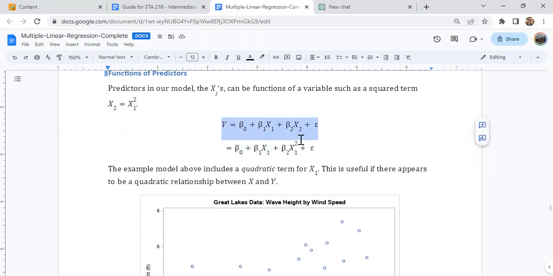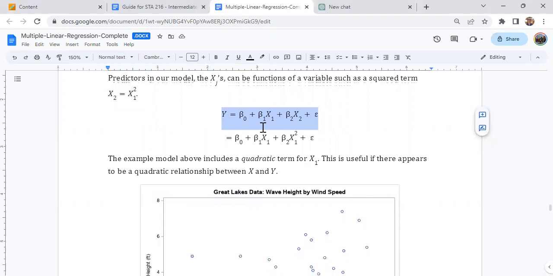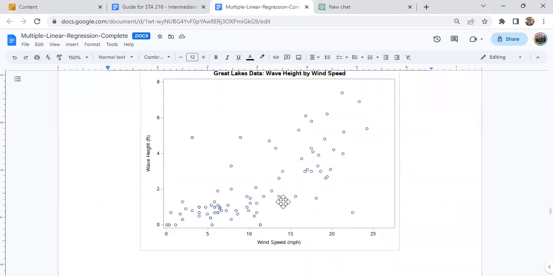But notation-wise, and in terms of the theory and the optimization, that's the same as a two predictor linear regression model. But now it's what we'd call a quadratic regression model. So it allows us to model nonlinear relationships using the same process as before.